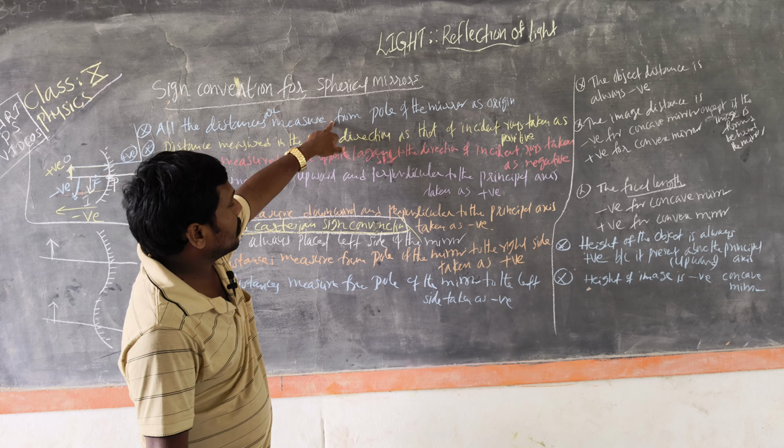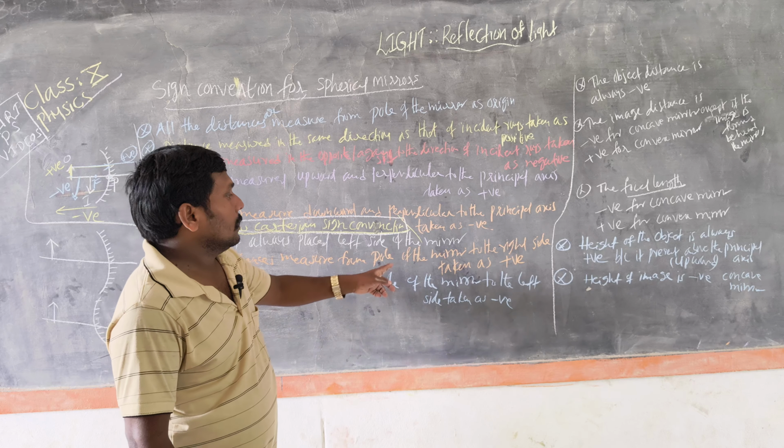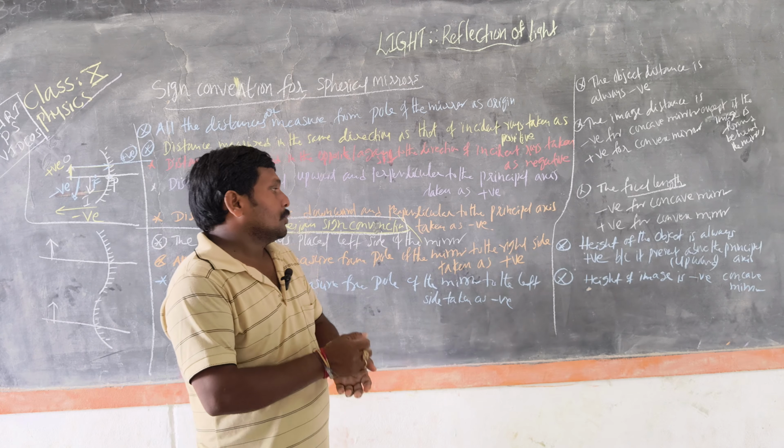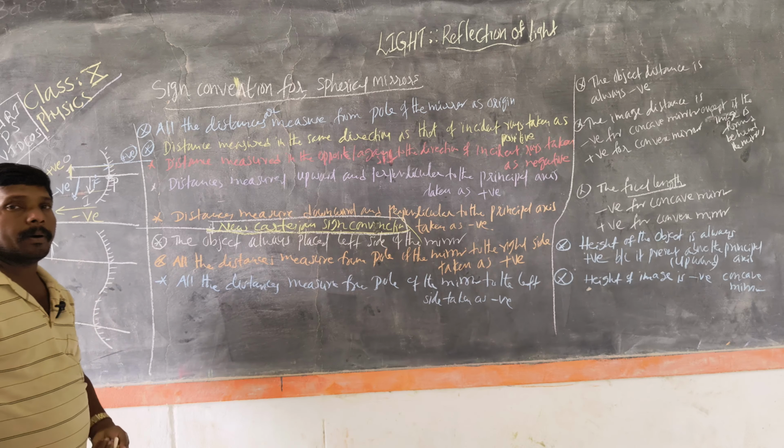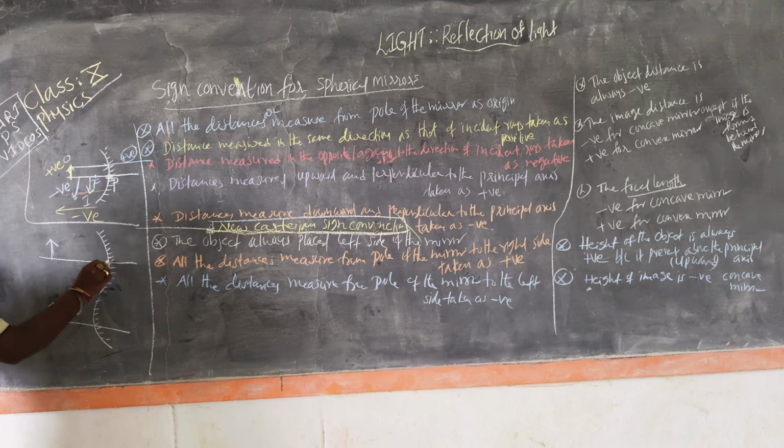All distances measured from the pole of the mirror to the right side are taken as positive. Right side of the pole is taken as positive, left side of the pole is taken as negative.